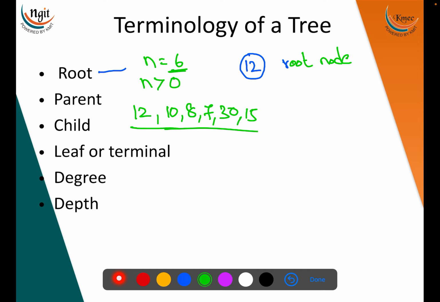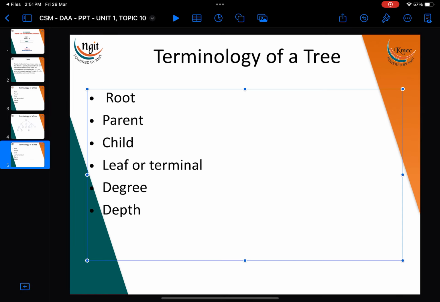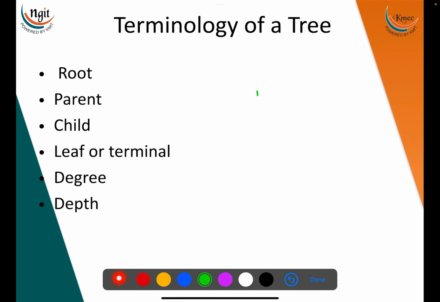As far as the definition of a tree is concerned, all these nodes are disjoint sets. Now, to construct the tree from these nodes, the first element I take as the tree, so 12 is my first element and this is called the root element.